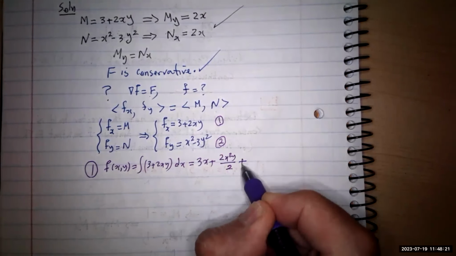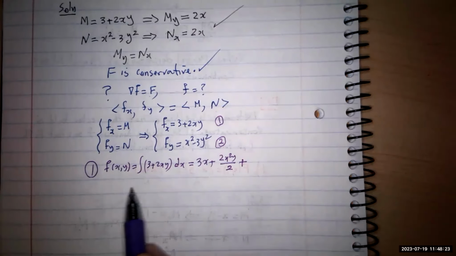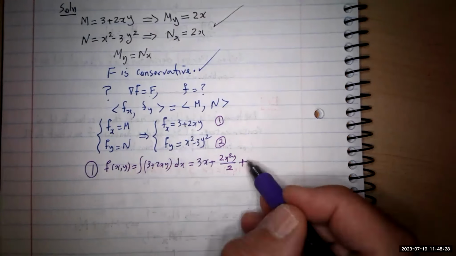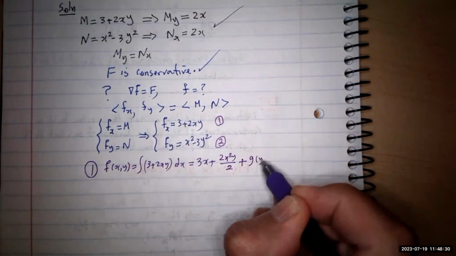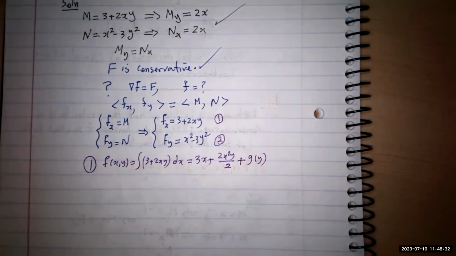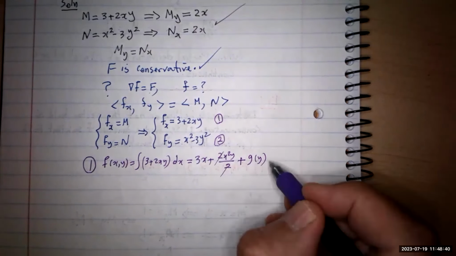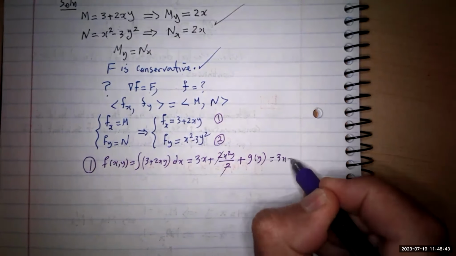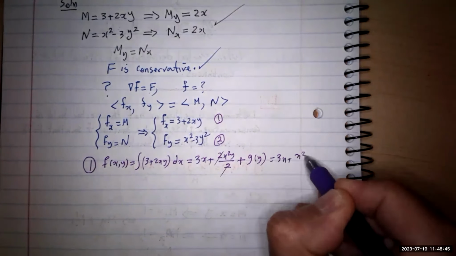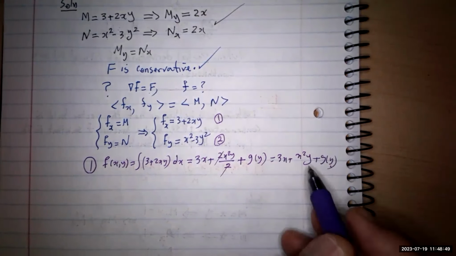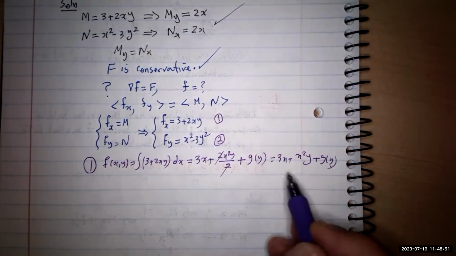But there is going to be a constant. Since you fix y, your constant can be a function of y, g of y, not a constant c. We simplify these, so this is going to be 3x plus x squared y plus g of y. So you have to find g of y.